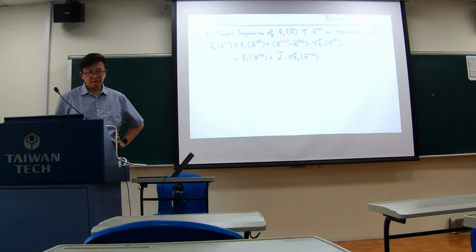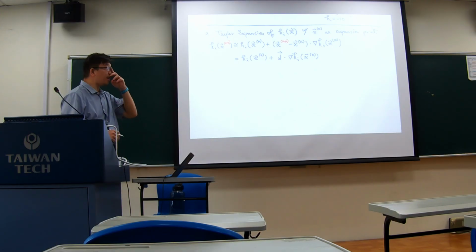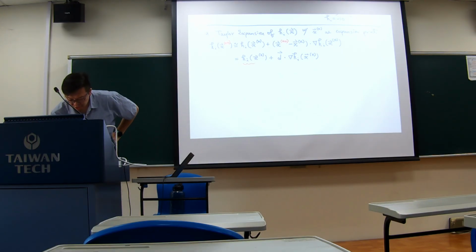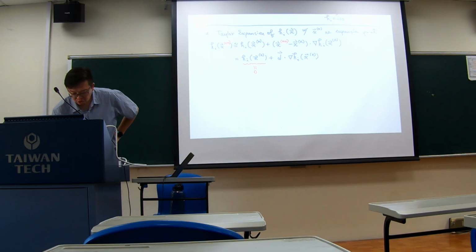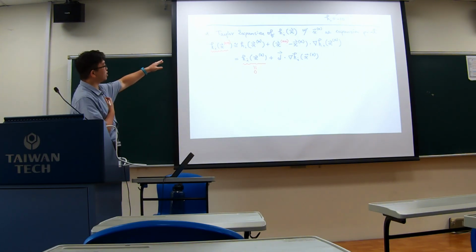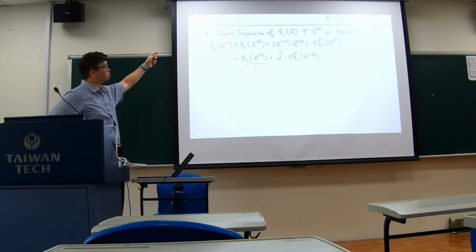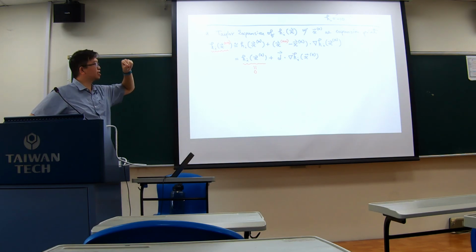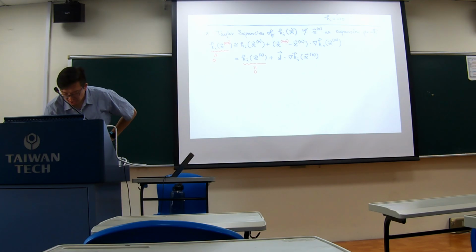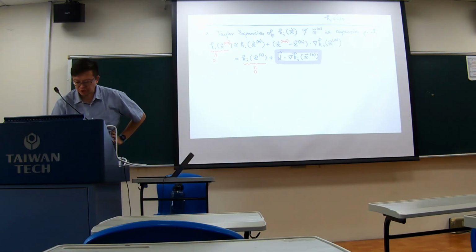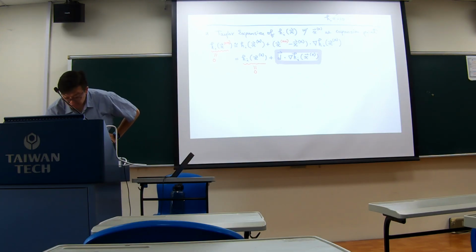And since our design point stays on the equality constraint, this one equals 0. Okay? And we hope our new design point also remains 0 when you move from your xk to xk plus 1. So this function value equals 0 as well. And that indicates that you must have this expression, and you want this to be 0 as well.